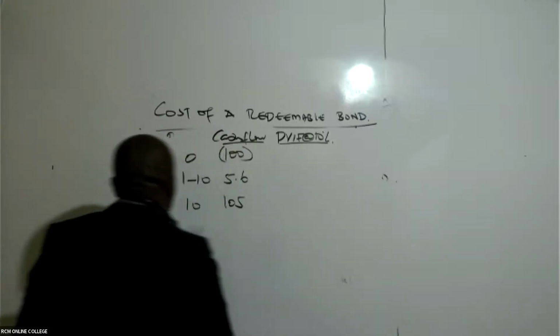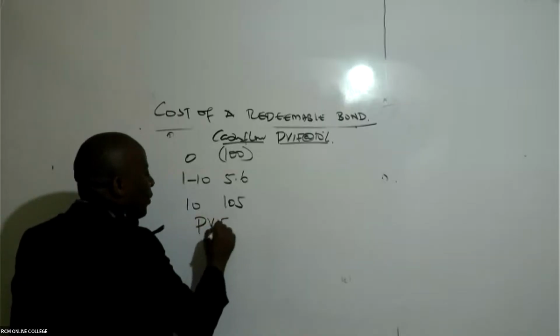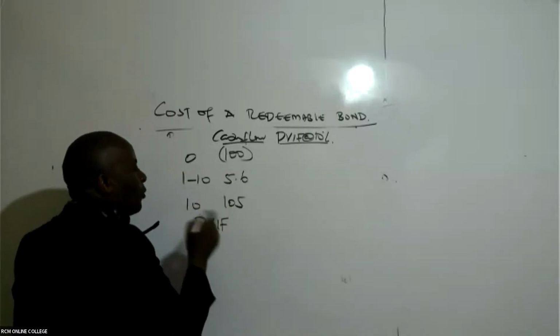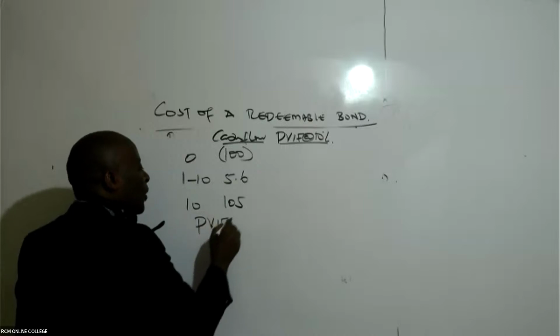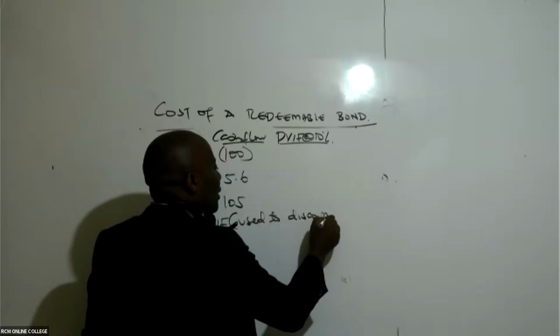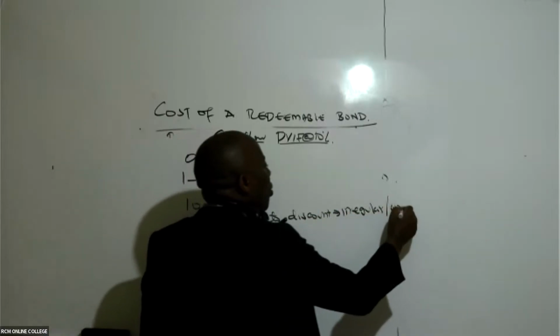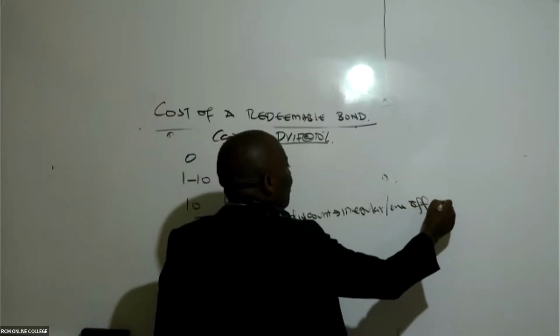Please listen. Remember, whenever you're discounting, there are 2 formulas. We have what we call PVIF, the one that we use to discount irregular or one-off amounts.